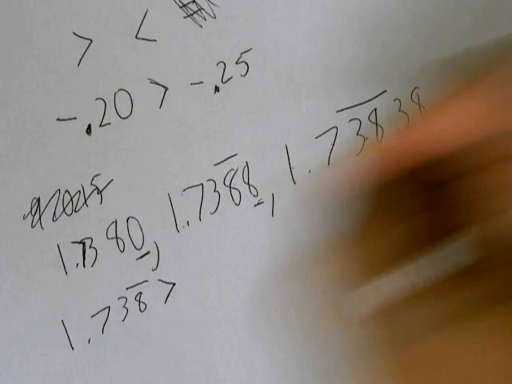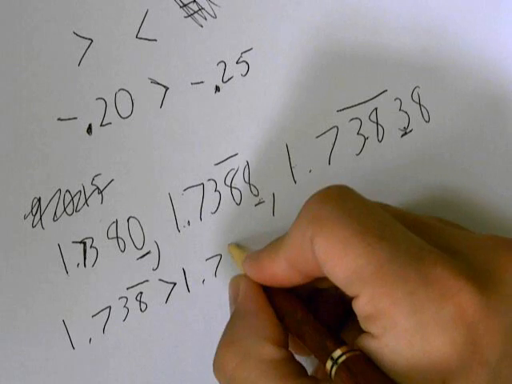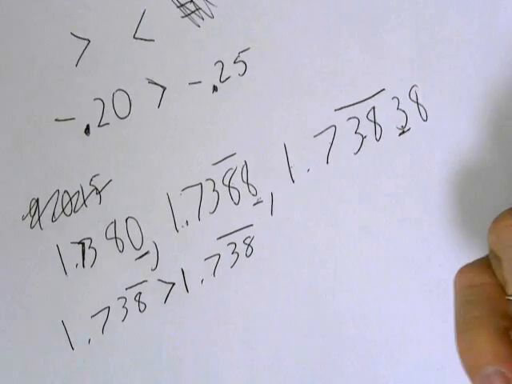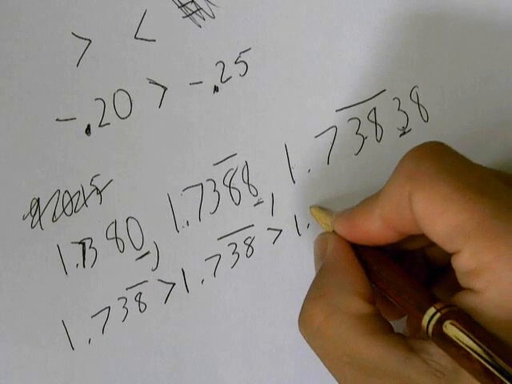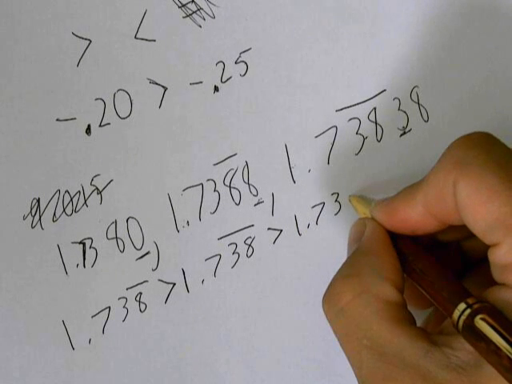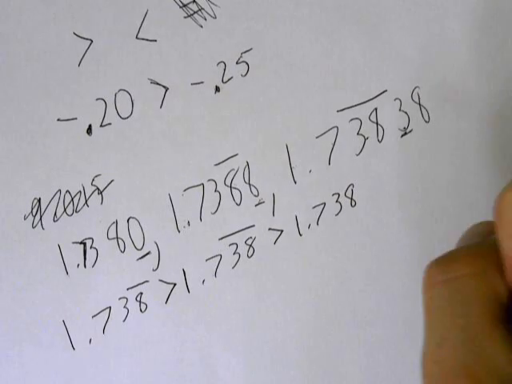Next, 3 is bigger than 0, so that one goes next. 1.738 with the 3 repeating is greater than 1.738 with the 0 repeating. So that's the proper order.